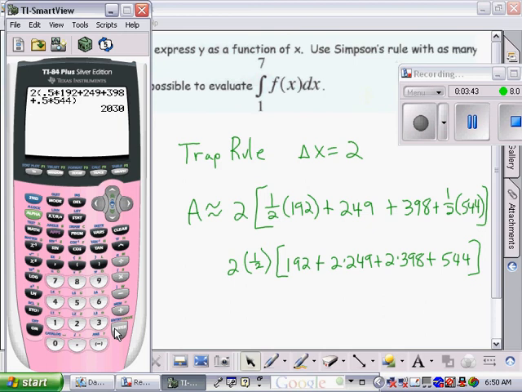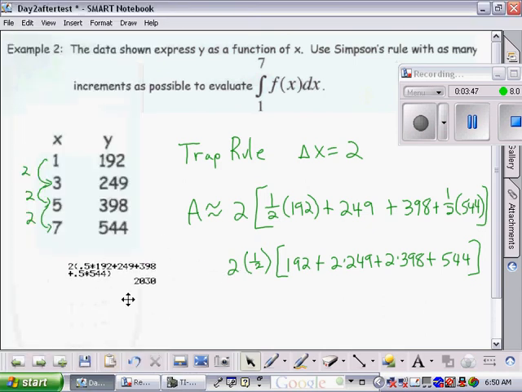Okay. Questions there? Simpson's rule is pretty straightforward. If you don't have an even number of intervals, just use trap rule.